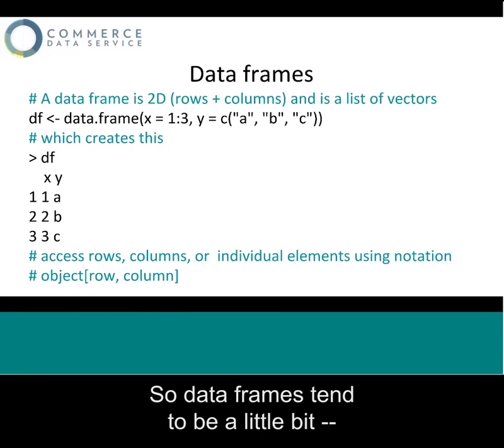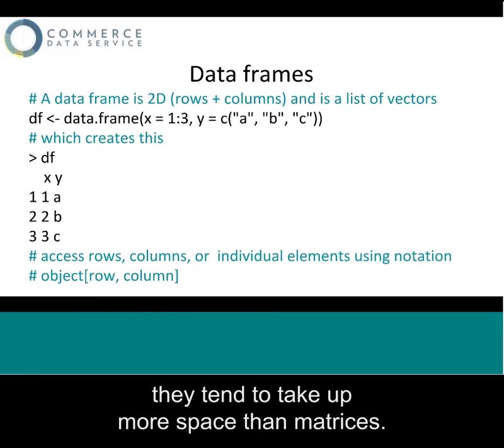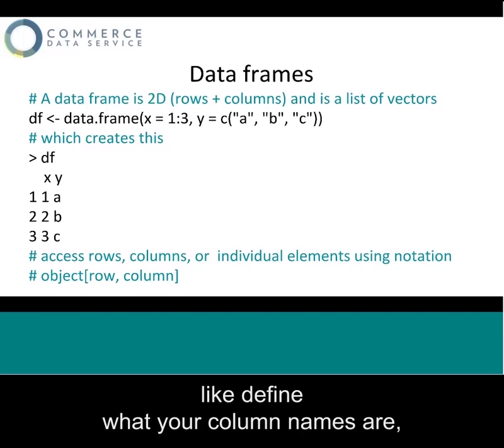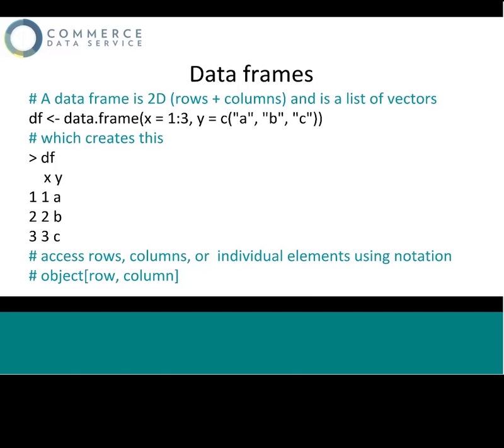So data frames tend to take up a little bit more space than matrices, but it also means that you can do things like define what your column names are and loop through those.